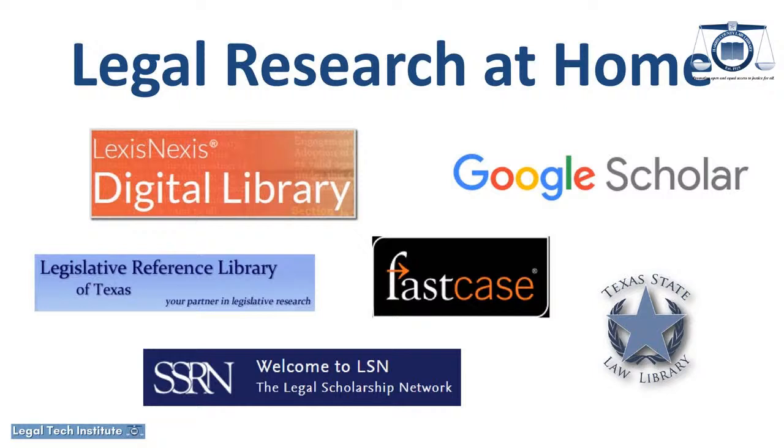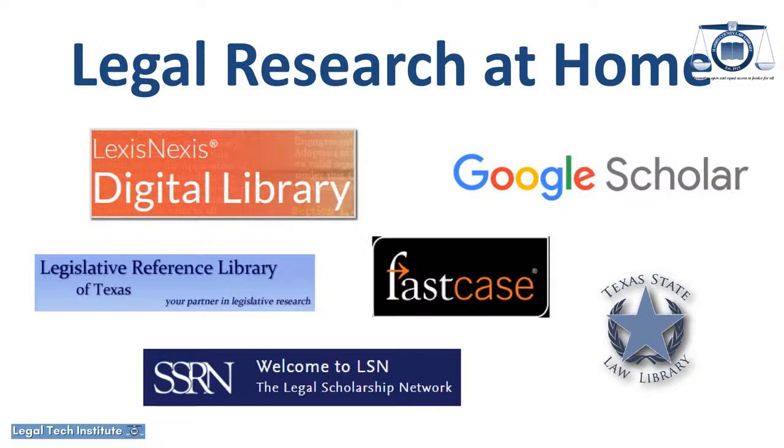These resources are available either through the Harris County Hainsworth Law Library, the Texas State Law Library, or freely available to you online. The LexisNexis Digital Library is our eBook collection. Google Scholar is one that you may not be familiar with, that is actually a Google database, but it is specifically used to search either academic research and scholarship or case law, which we'll look at here in just a moment.